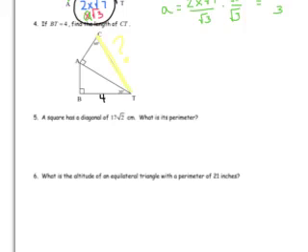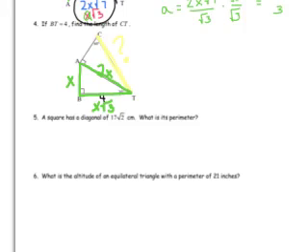So what I'm going to have to do is find AT, and then using AT, use this triangle to find CT. So right now, let's just look at my triangle I'm highlighting in green. So this is going to be x root 3 and 2x.